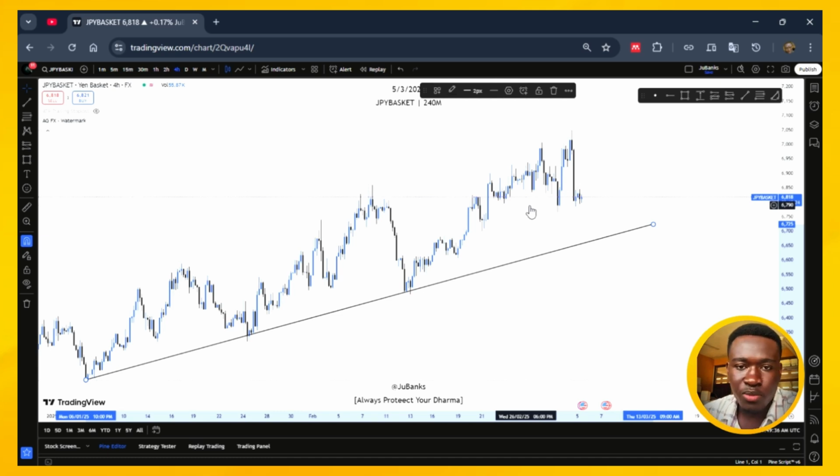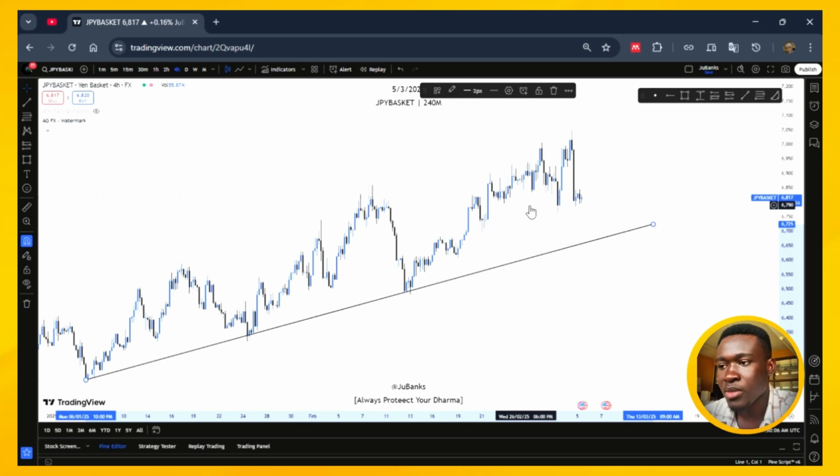One thing about the JPY index is that whenever the index is bullish, any pair that has any connection with the index is just the inverse. So if the index is bullish, any pair that has JPY in it should be bearish. That applies to GBPJPY, EURJPY, USDJPY, Swiss franc JPY.